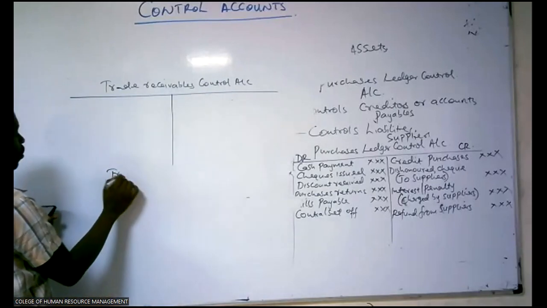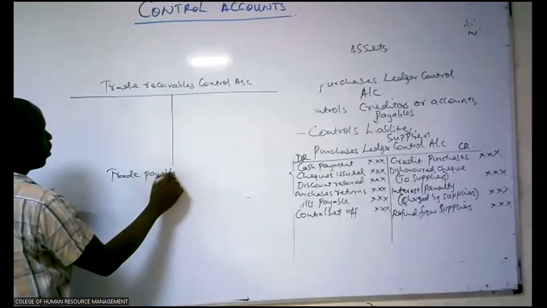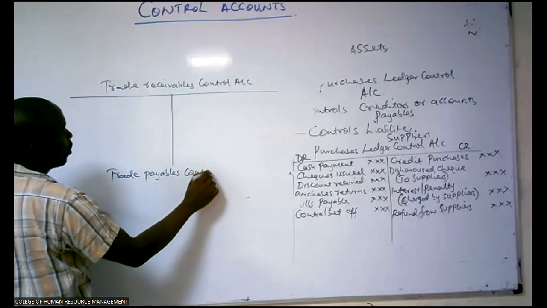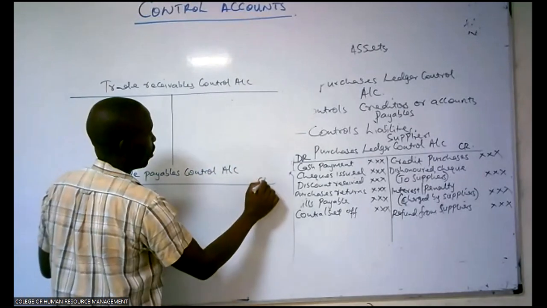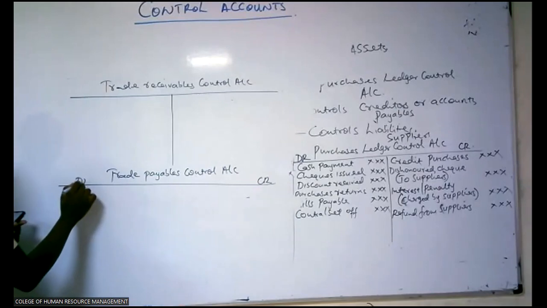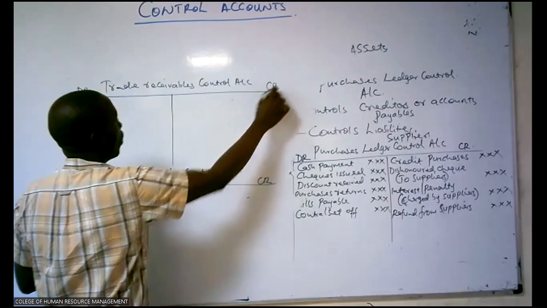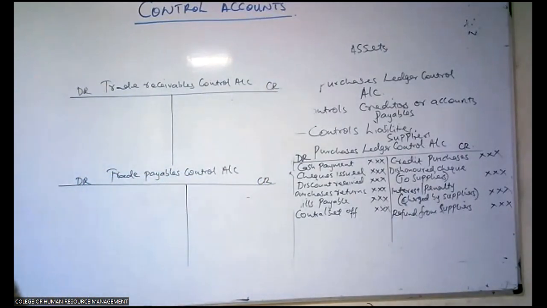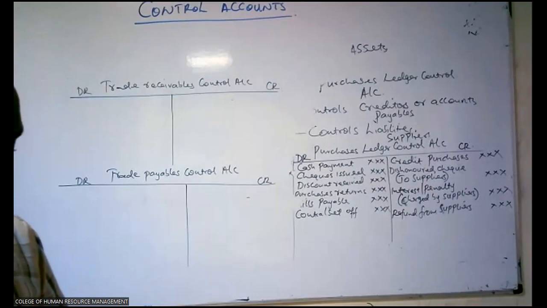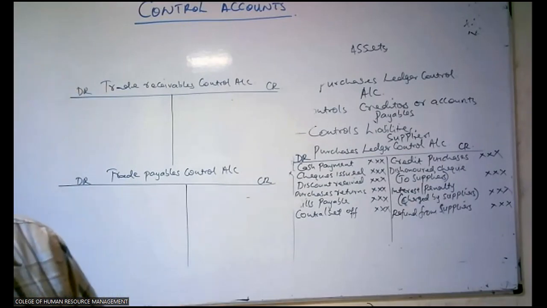And the trade payables. Here we start. The following balances were extracted from the books of Jembe Limited for the month of April 2018.